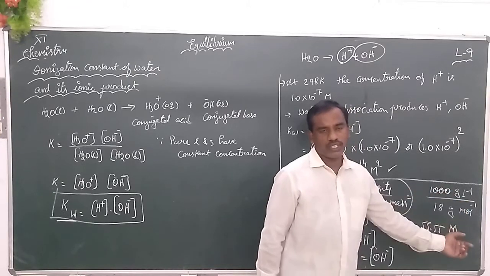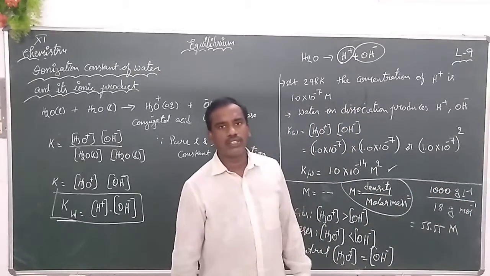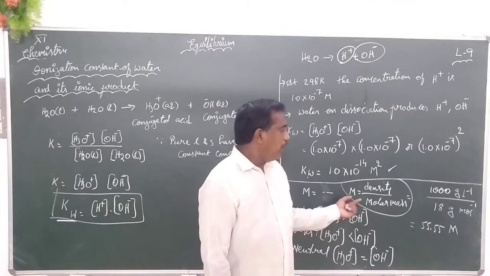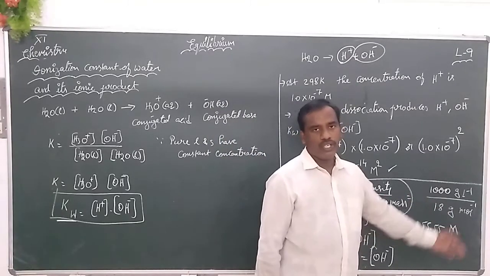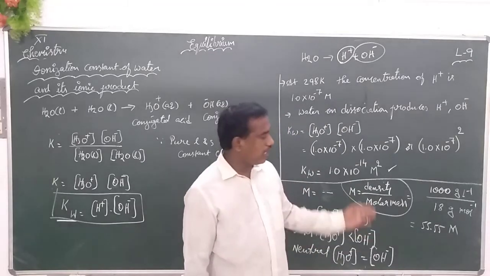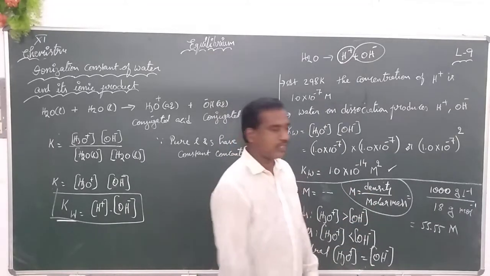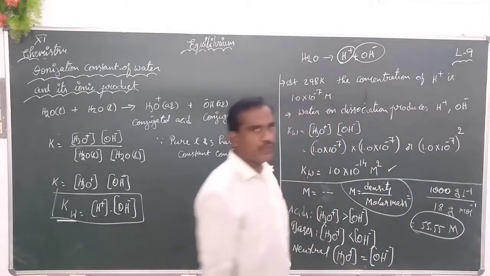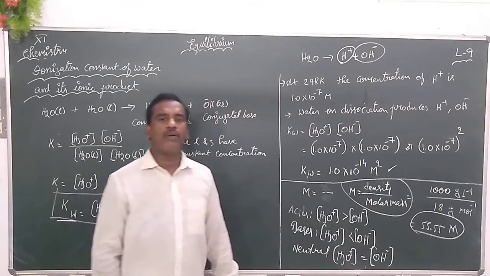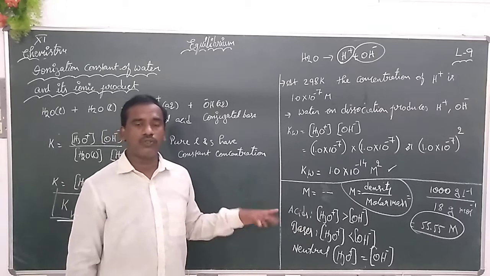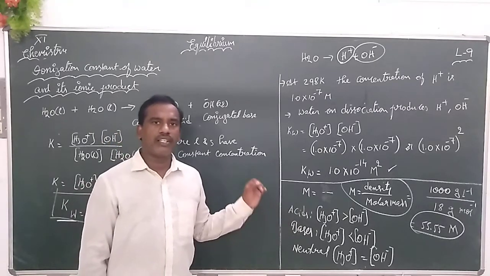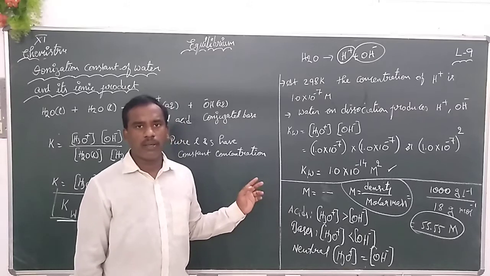In the textbook you can study that the density of water is around 1000 grams per liter. What is the molar mass? We know the molar mass of water is 18 grams per mole. So the molarity of water is fixed. That is how much? 55.55 molarity. This is useful for further calculations. In this method, molarity can be calculated by density upon molar mass.